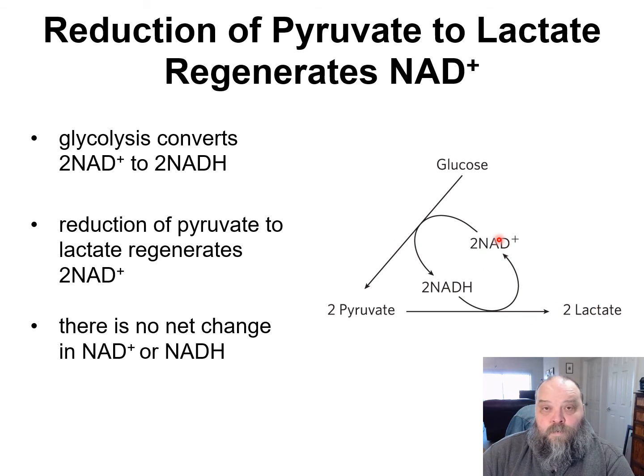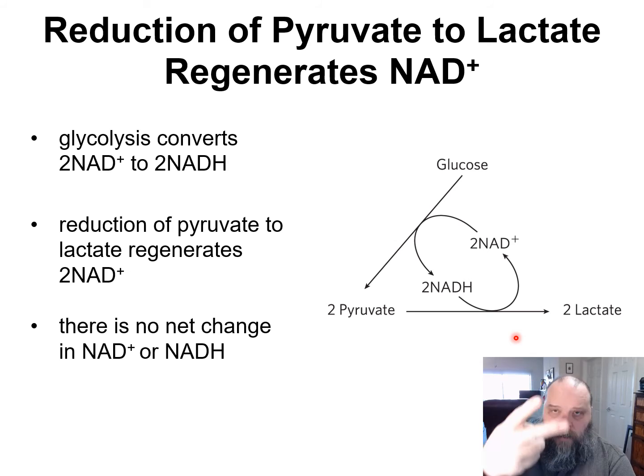You now have 2 free NADs, so the cell can go through one more round of glycolysis, generating 2 more ATPs. This is not a high energy thing for the majority of cells on this planet, but it is enough that the cell can limp along, metabolically speaking.